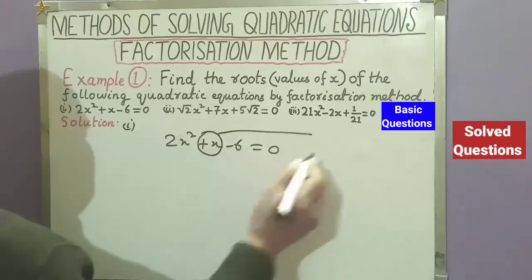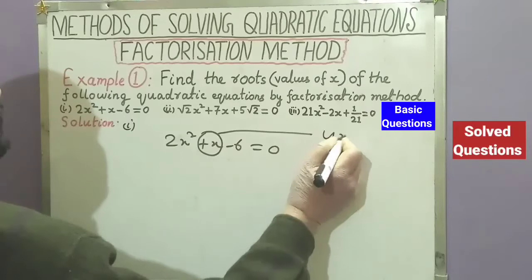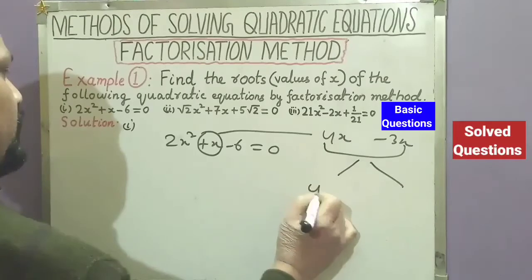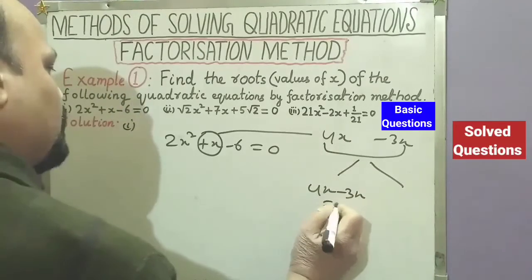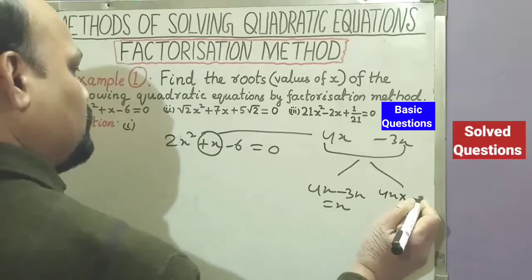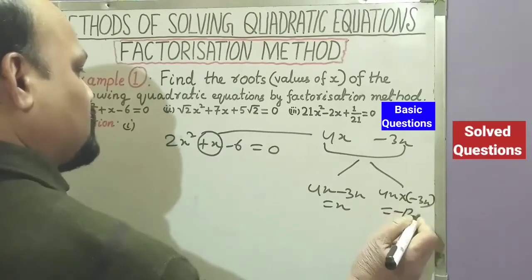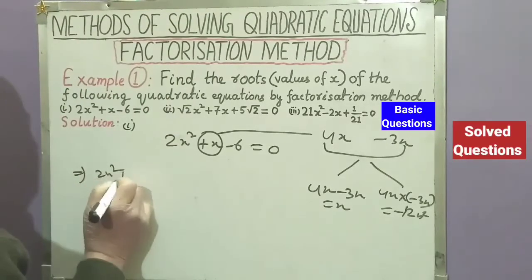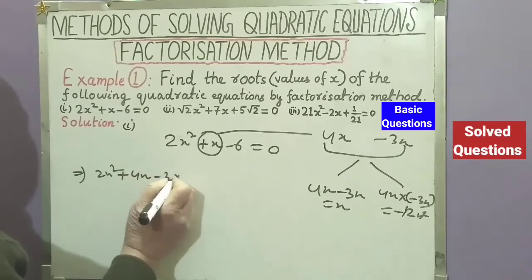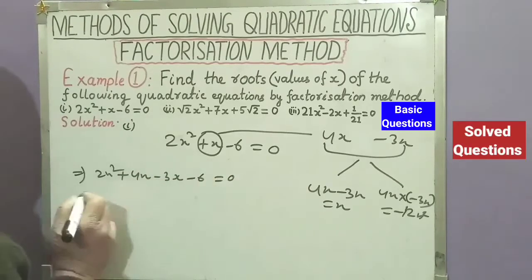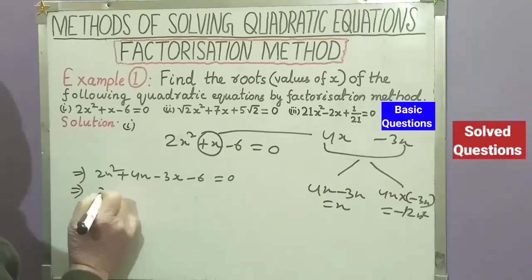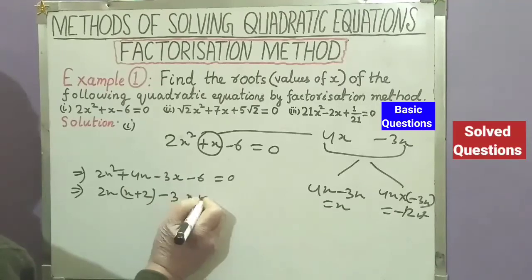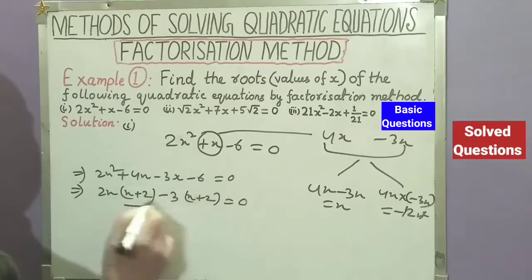Now split the middle term +x into two parts, that is 4x and -3x, such that the sum of these two terms, that is 4x - 3x, equals x, that is the middle term itself, and 4x into -3x equals -12x². Now that implies that 2x² + 4x - 3x - 6 = 0. That implies that 2x common, (x + 2) minus 3 common, (x + 2) equals 0.